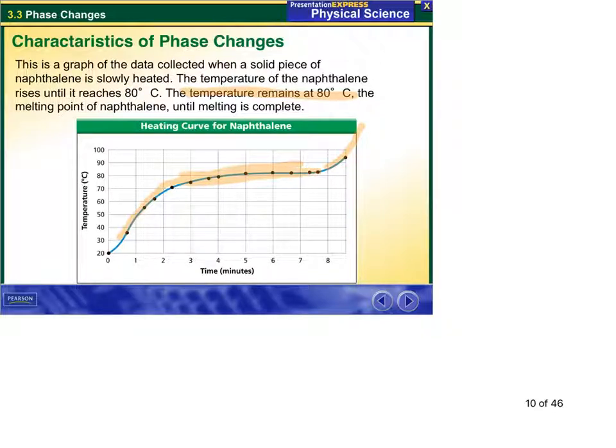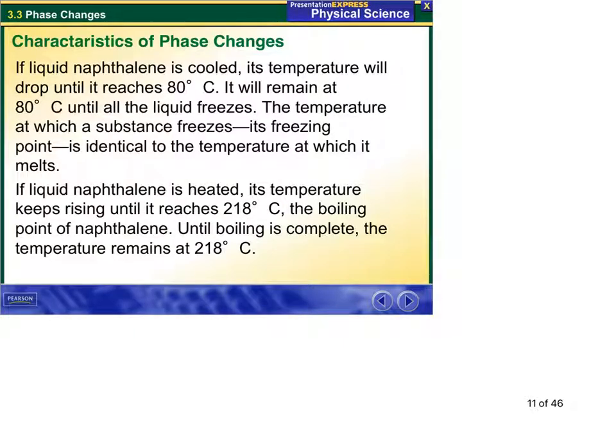So until it completely melts, temperature stays at that 80, then it starts to go up again. If the naphthalene was cooled, the temperature will drop until it reaches 80 degrees Celsius, and then it stays at 80 degrees Celsius till it freezes. So the temperature at which a substance freezes, its freezing point, is identical to that at which it melts, its melting point.